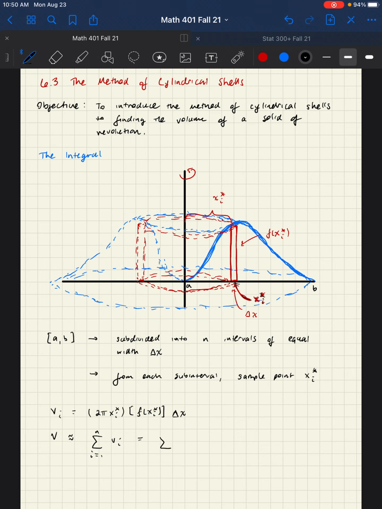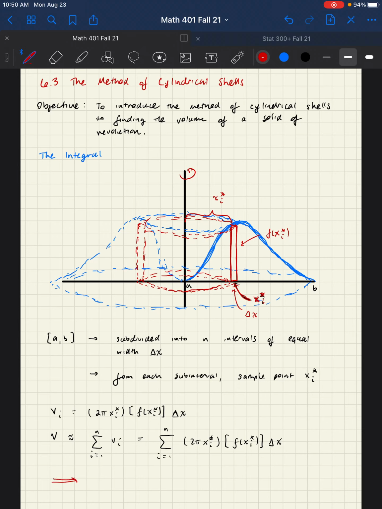So we're going to add these up, take the sum from i equals 1 to n of the v sub i, which ends up being this expression right here. This summation, which is finite, keep in mind, is giving us the blueprint for our integral.